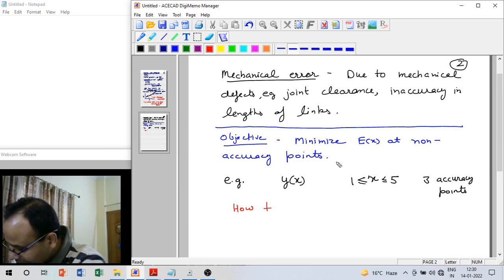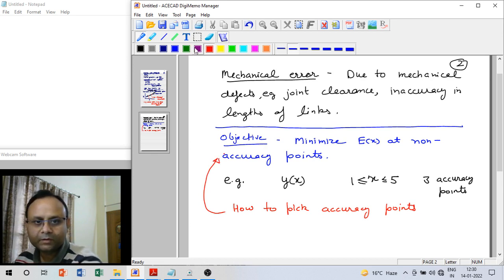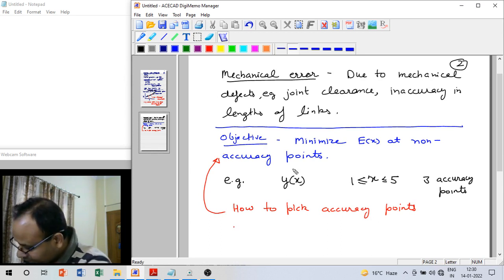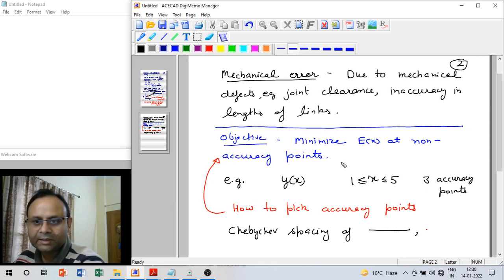So the question is how to pick accuracy points so that this objective is fulfilled. Okay, it turns out mathematically that if we do this Chebyshev spacing of these accuracy points, then the structural error at non-accuracy points is not minimized, but still it is close to that.